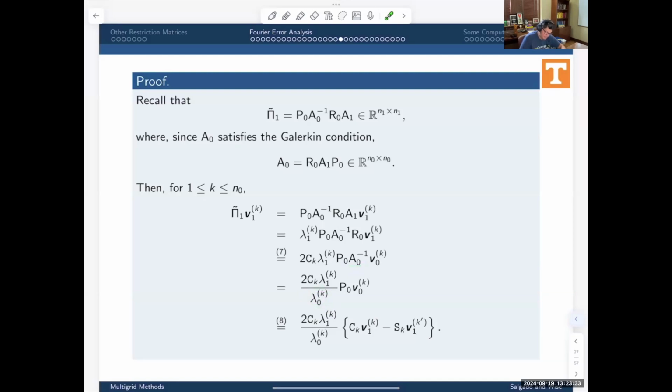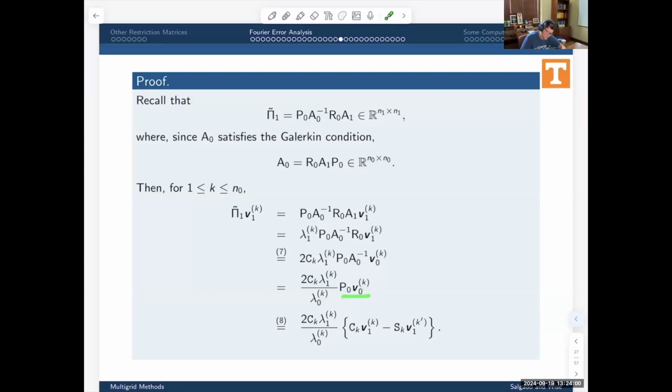And finally, I have to multiply the prolongation matrix times this mode. And let's see, this is a mode on the coarse grid that is of low frequency. Actually, it's low frequency with respect to the fine grid, but it's representing all the frequencies on the coarse grid.